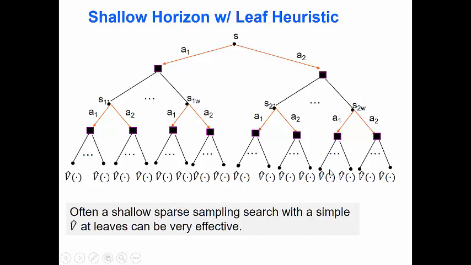If this value function is reasonably good, often the action you take up here will do even better than if you just greedily followed the value function. So it's not uncommon to have an approximate value function at the leaves and then do a little bit of search, and that can really improve things quite a bit. If you were just to do one level of search and apply the approximate value function there, it's kind of like you're just doing a one-step greedy look ahead, which we've talked about many times.